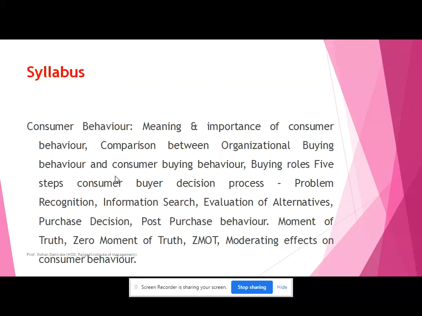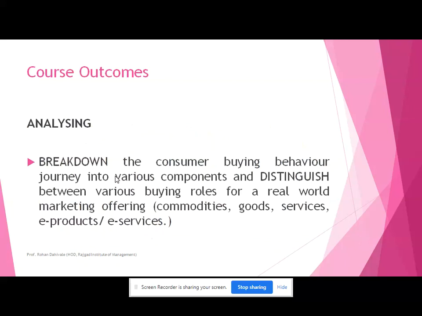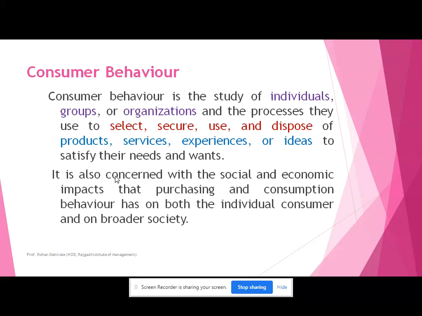This is a very small unit, and here according to Bloom's taxonomy we will be able to analyze things, break down the consumer behavior journey into various components and distinguish between various buying rules for real world marketing offerings, that is for various commodities, goods, services, e-products and e-services.